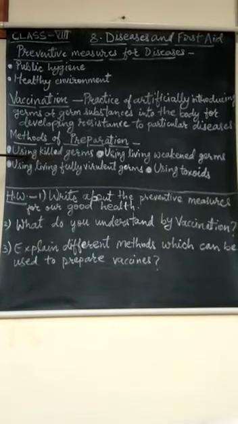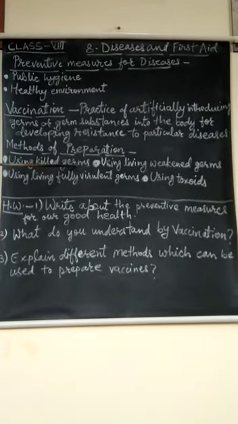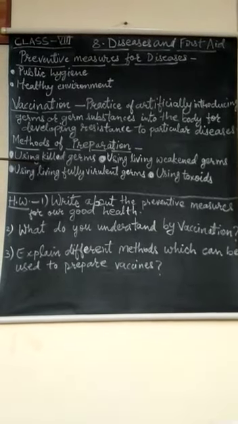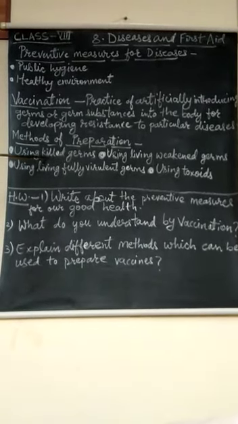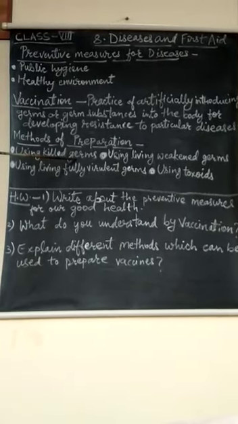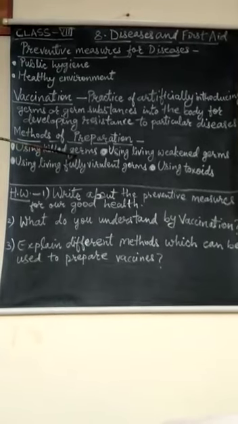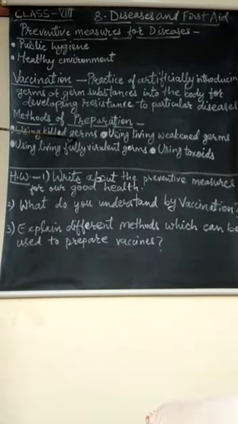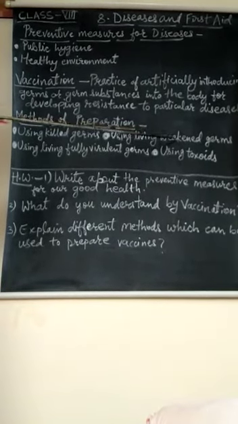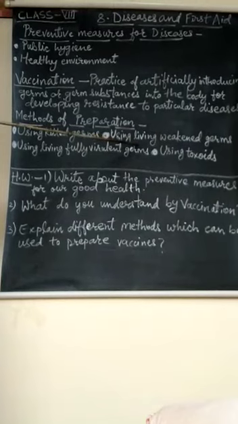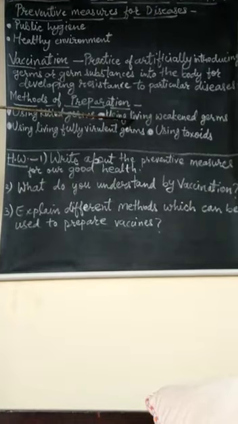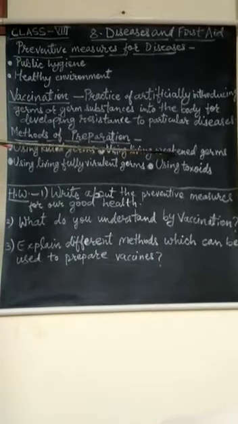In this method, the disease causing germs are injected in killed condition, means they are completely dead, so that they cannot cause any harm or any type of disease. In the second method, using living weakened germs, the germs are in living condition but in weakened condition.